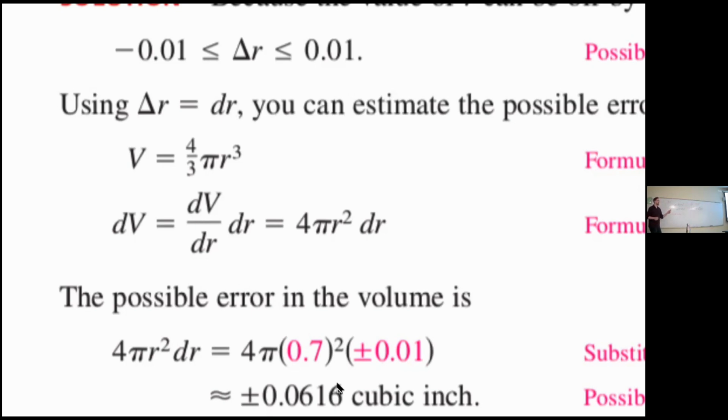But the interpretation is important as well. What this is telling us is that the actual volume of our sphere is going to be 1.4368 plus or minus 0.0616 inches cubed.